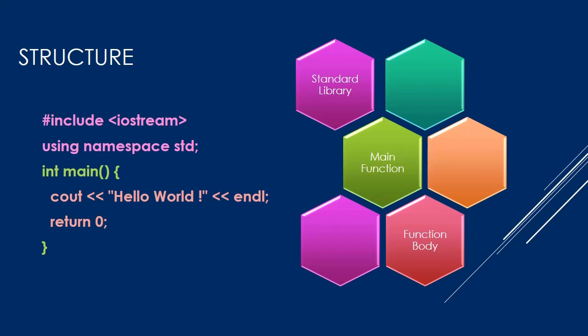So in the standard library section, we will call all the libraries which are important to run a program. In this section, if there is some predefined function which is needed, we will call upon that function also.